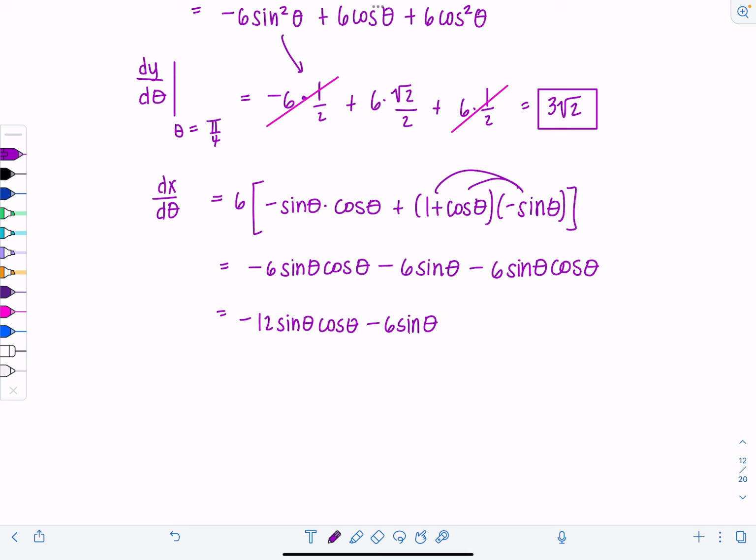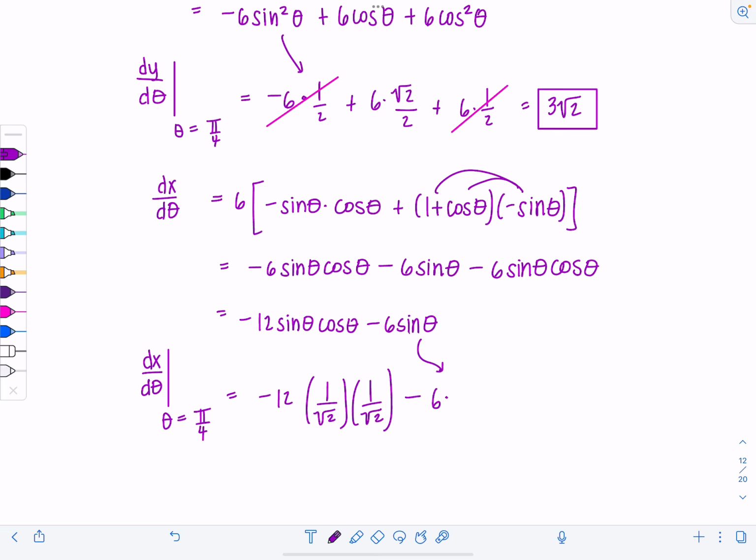Okay. So dx d theta, let's evaluate it at theta equals pi over 4. That's negative 12 times, again, I'm going to think of them as 1 over rad 2 because it's going to be easier to clean up. And then when I have just 1 by itself, I go back to rad 2 over 2. Because rad 2 times rad 2, that's 2.